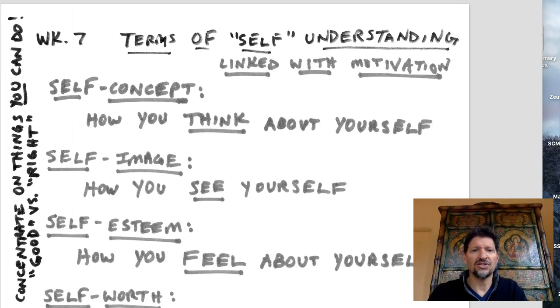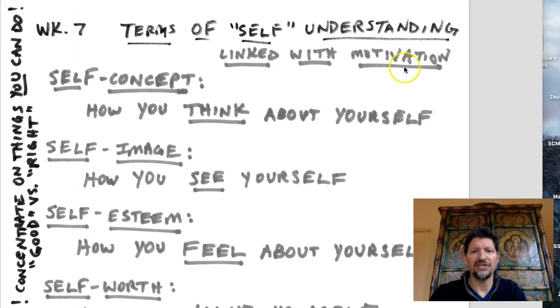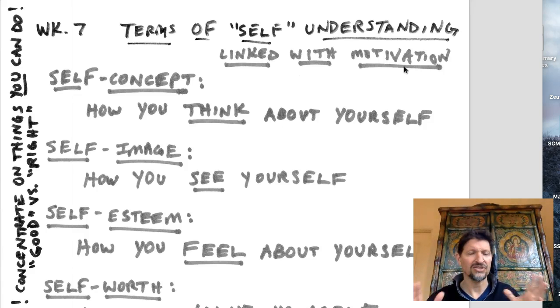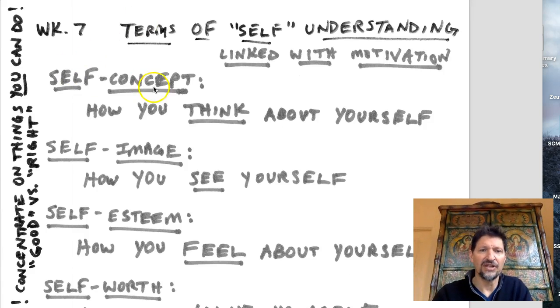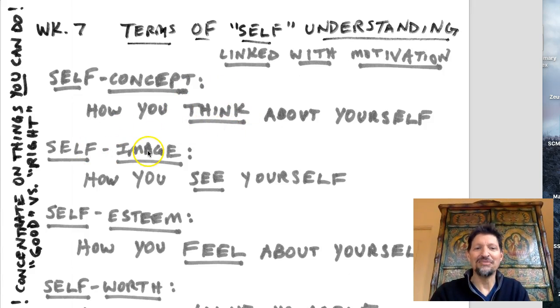So here are terms of self-understanding linked with motivation. Just to give you your basic definitions, and oftentimes these are not laid out, but they're actually very simple. Self-concept is how you think about yourself. Concept, think, right? So self-concept is self-thinking. Self-image is how you see yourself, which makes sense. Image, see.